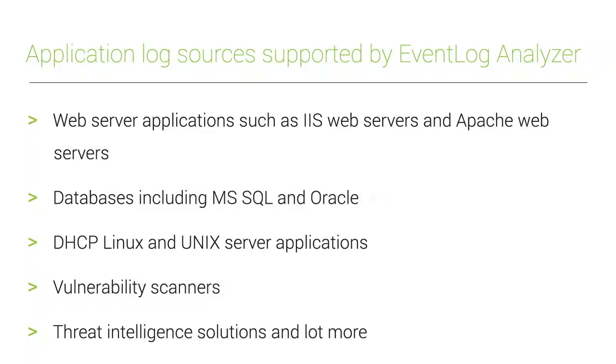In this part of the workshop, I'll be demonstrating how to import application log data periodically from a local host or remote host. I'll also elaborate on the steps to extract custom fields using Event Log Analyzer's custom log parser.